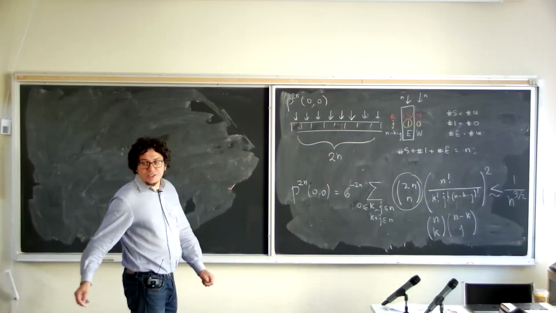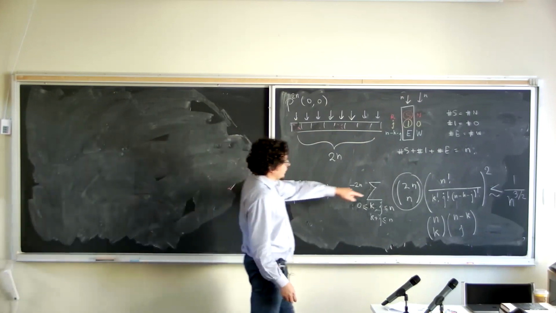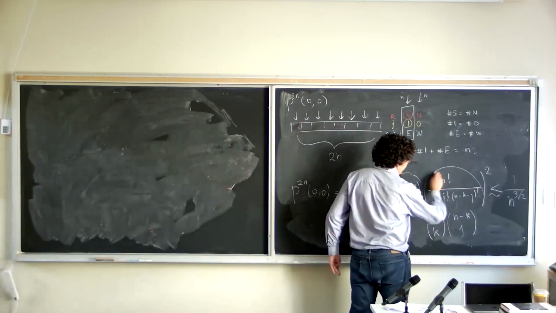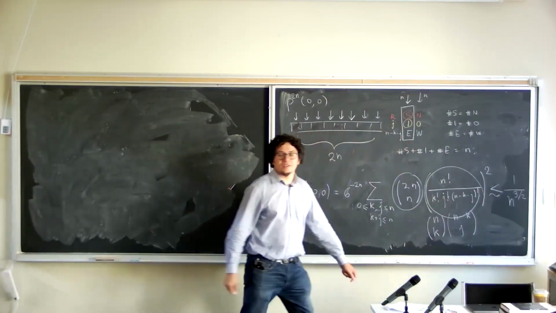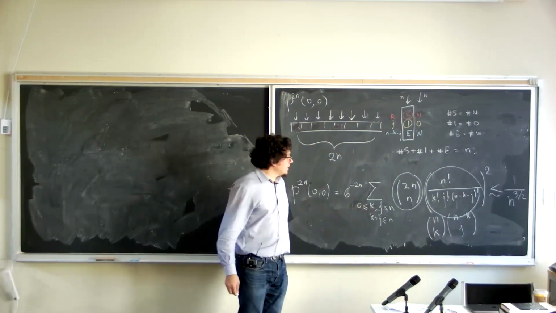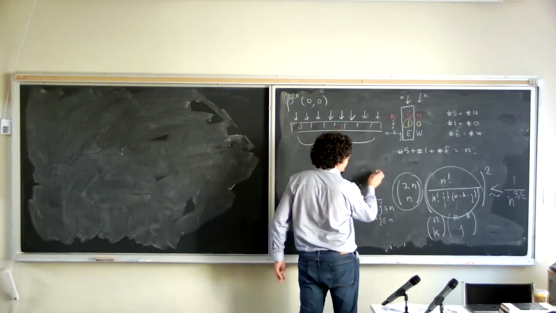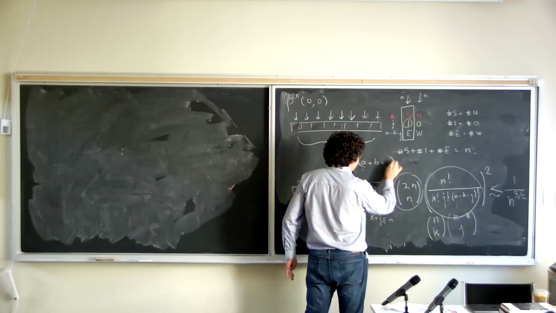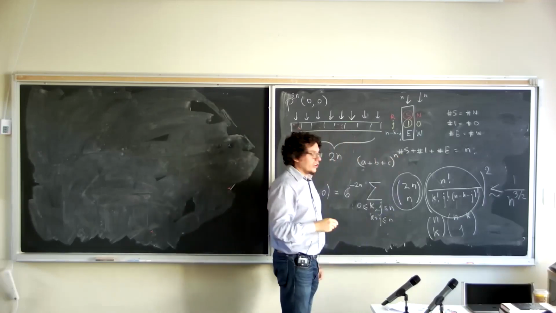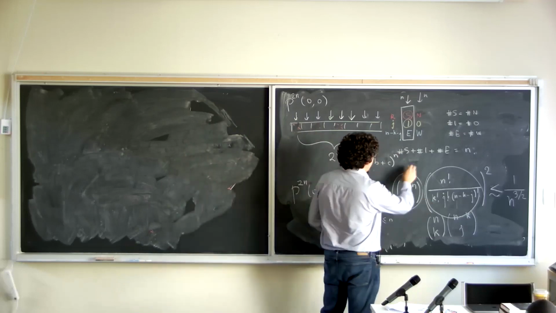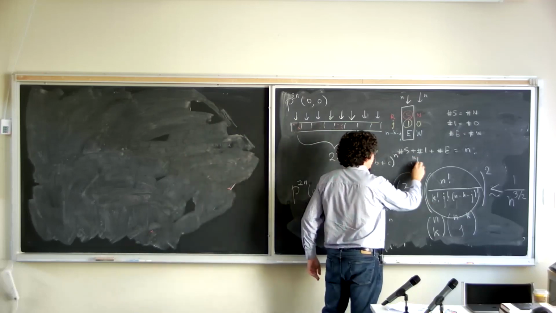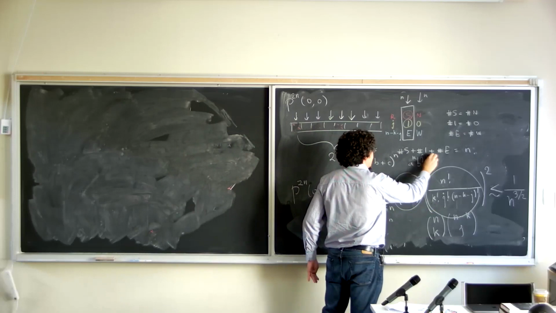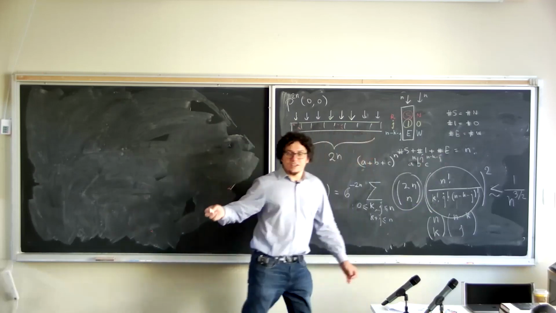Why is the upper bound easier? Well, if you look at this coefficient here, this is like a trinomial coefficient, right? So it's like you have a plus b plus c to the n, and you're looking at the coefficient for a to the k, b to the j, c to the n minus k minus j.